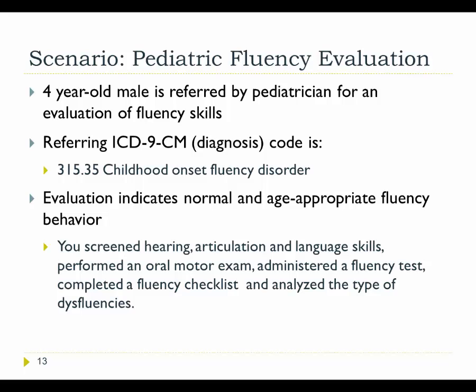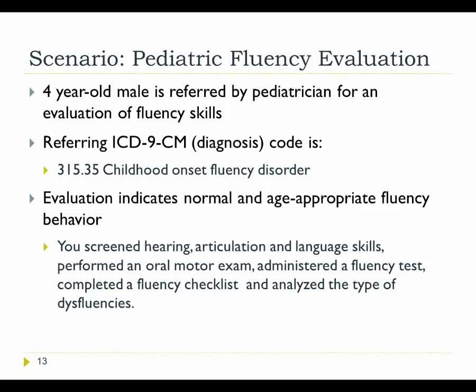We will now use some of the new evaluation codes and apply coding and documentation concepts reviewed in earlier modules to real-life scenarios. Here is the first scenario for you to consider. You have a 4-year-old male referred by the pediatrician for an evaluation of fluency skills.